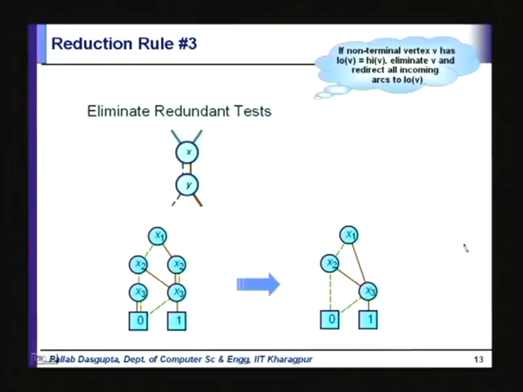Now, next thing is the reduction rule 3. We can eliminate redundant vertices. So, vertices where the 0 edge and 1 edge point to the same thing can be eliminated. Why? Suppose this represents the function g, okay. Then what does this function f represent?